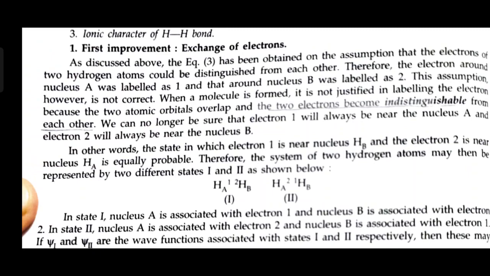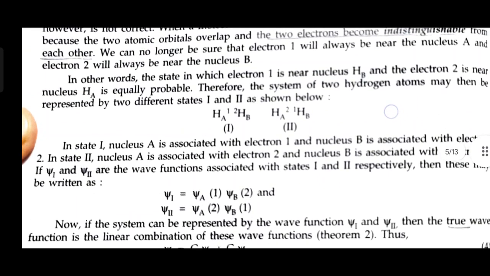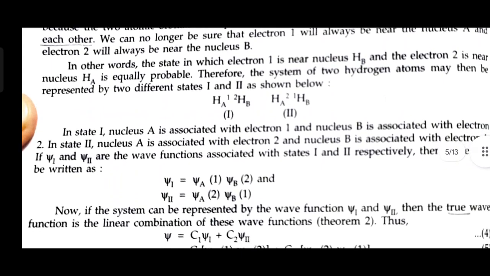In other words, the state in which electron 1 is near nucleus Hb and electron 2 is near Ha is equally probable. Therefore, the system of two hydrogen atoms may be represented by two different states, first and second, as shown below.